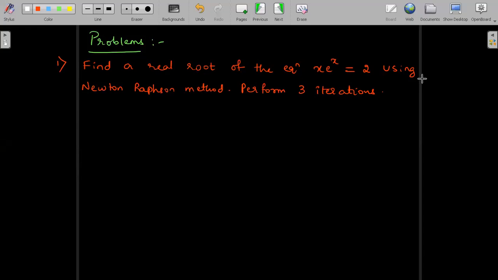So we substitute x is equal to 0, 1, 2, 3, etc. and find an interval such that f of a and f of b are of opposite signs, so that we can conclude at least one real root lies within that interval. Then we need to choose x naught, which is the initial approximation, and then apply Newton-Raphson iterative formula, successively performing 3 iterations. So let us do the solution now.